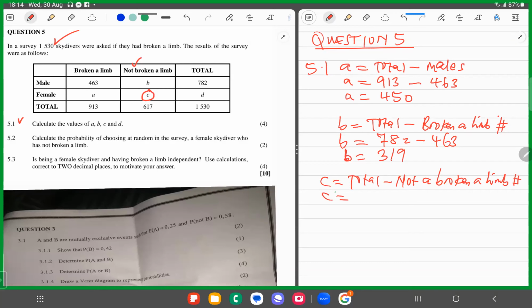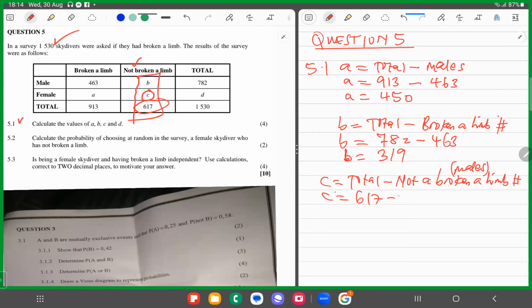What is the total for C? For C, for instance, we can consider this column here. The total at the bottom is 617 minus not broken a limb of the males.